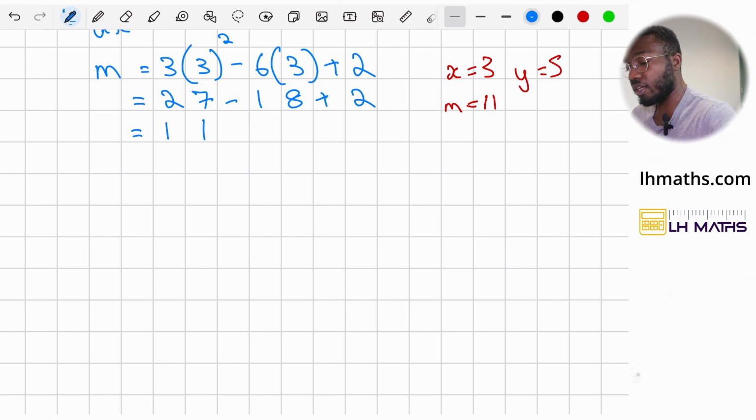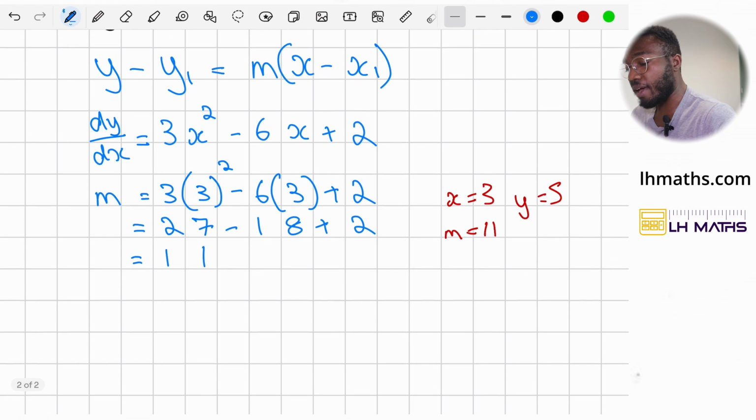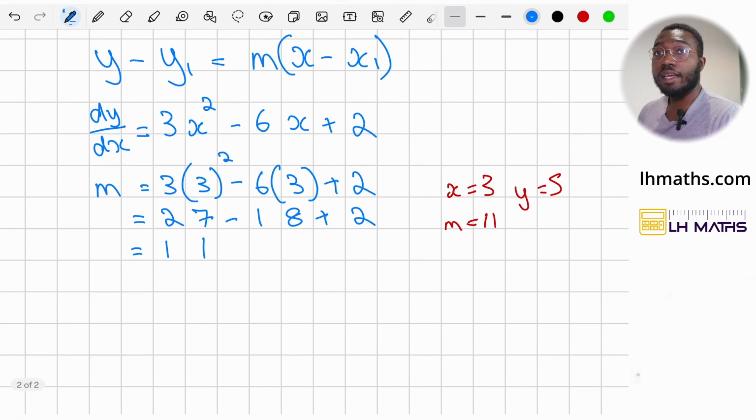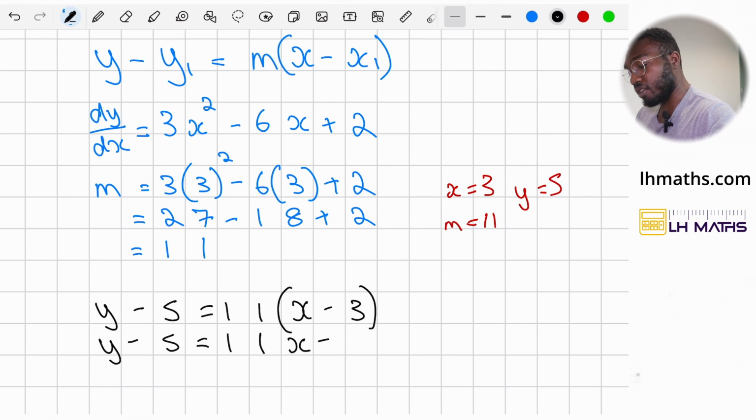Now we can use this formula, y minus y1 is equal to m times (x minus x1), and that will give us our equation. So that would be y minus 5 is equal to 11 times (x minus our x value, which is 3). Working that out, y minus 5 is equal to 11x minus 33.